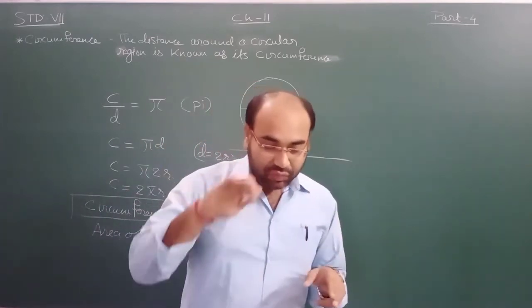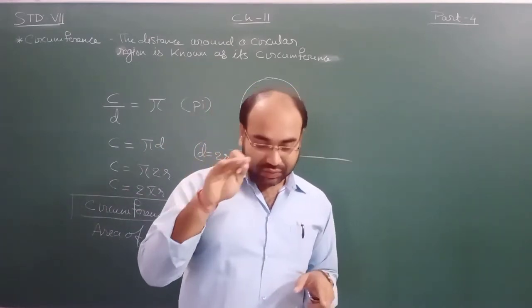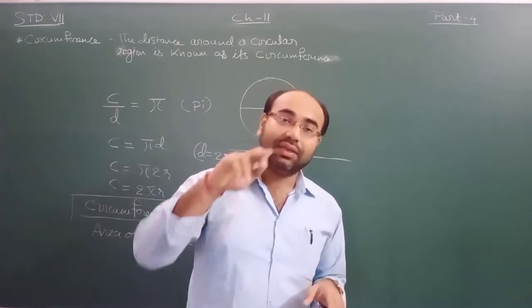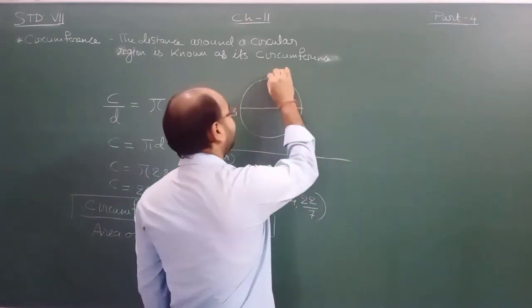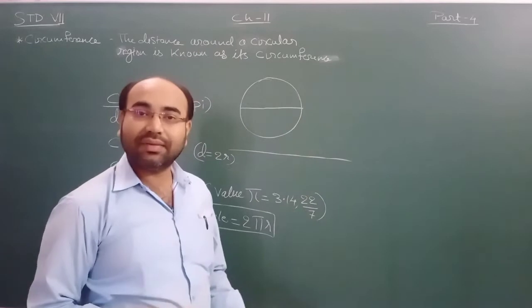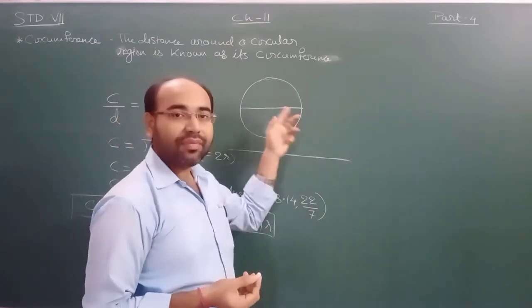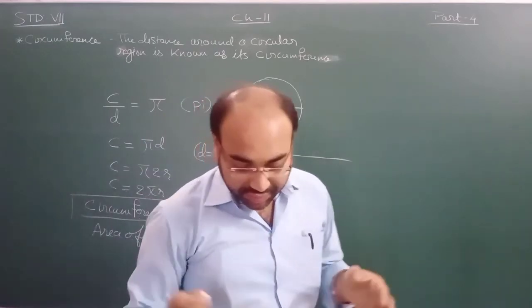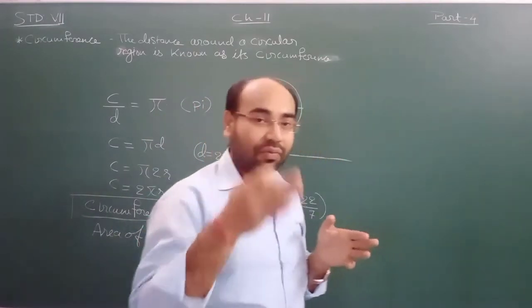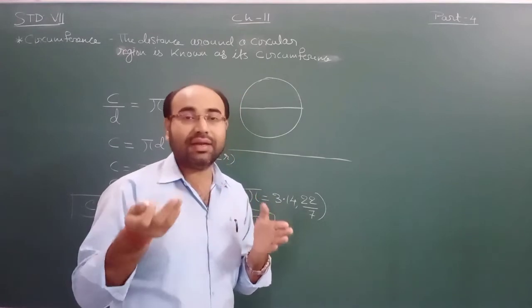So what happened? The circular part of the circle, what do we call it? Circumference of the circle. So circumference of the circle means what? 2 pi r.